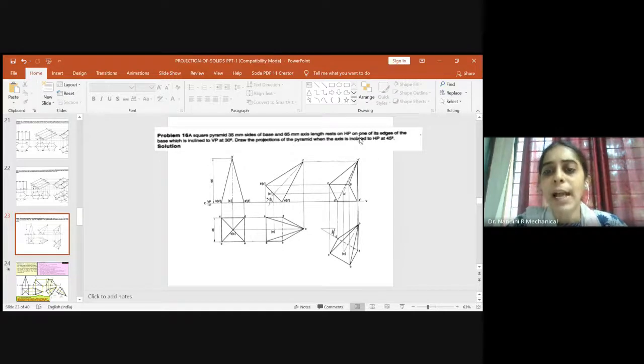Okay, and the given square pyramid is resting on one of its edges of the base. So how does it look? It is the square pyramid, so it will be resting on one of its edges. You have all four edges, and you can keep any of the edges towards your right.